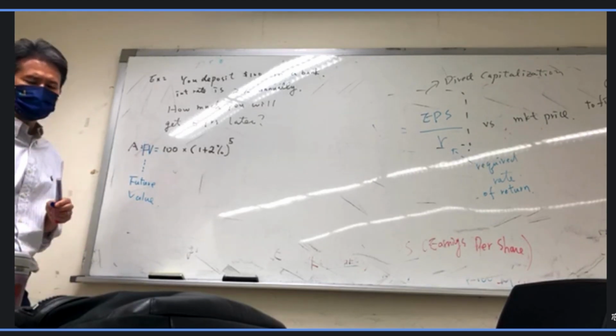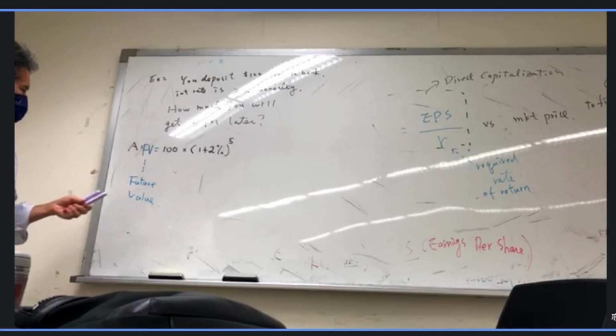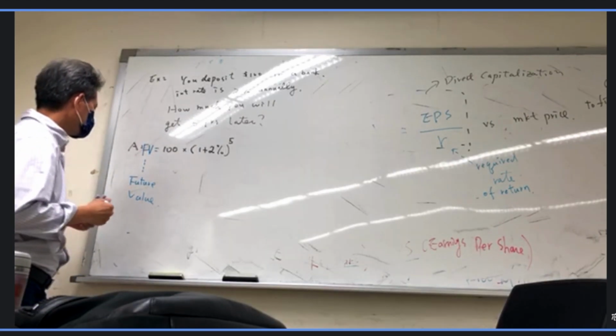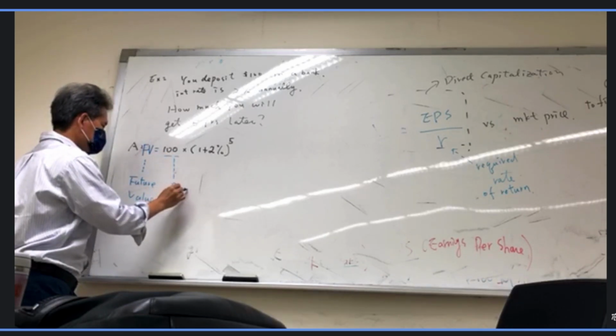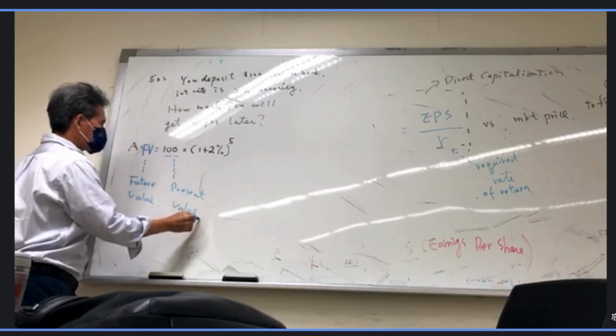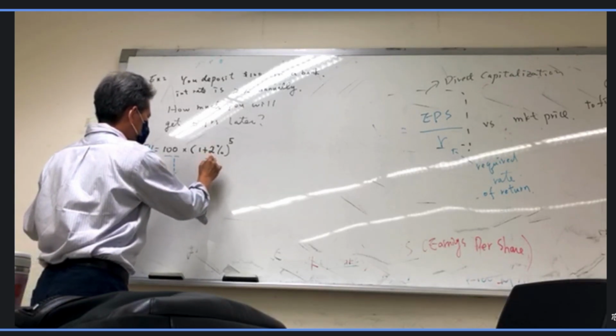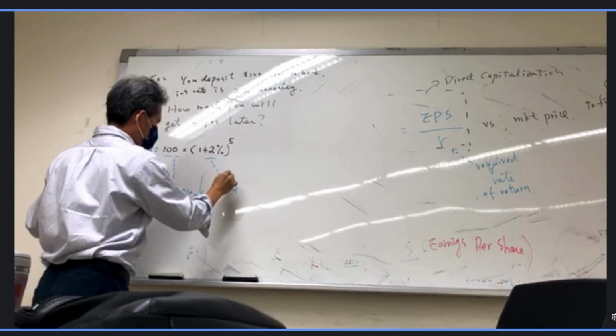Okay, the slides I sent you, the PowerPoint file I sent you, is a future value. And this is the present value. Now, and this is the rate, interest rate per period.